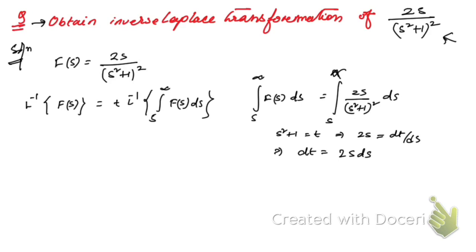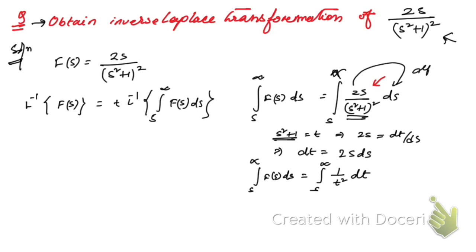Substituting here, we get the integration from s to infinity of 1 by t square dt, since 2s ds is dt. Hope you have understood.